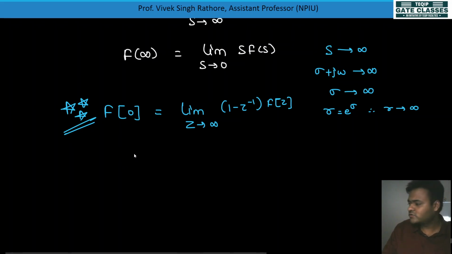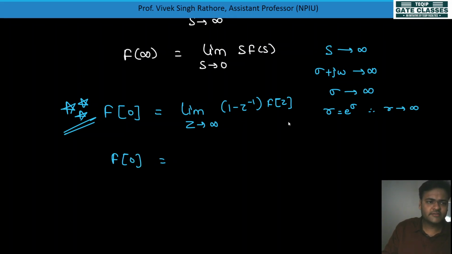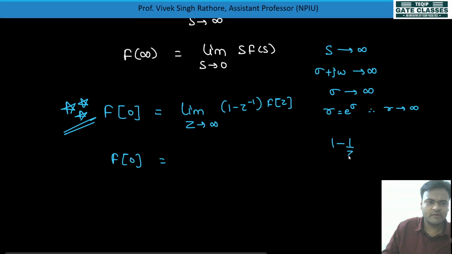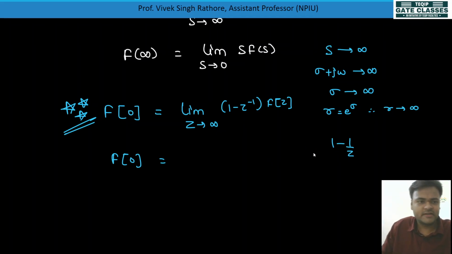It can also be calculated by another expression. 1 minus z inverse means 1 minus 1 by z. If you keep z infinite, you get 1 minus 0, which is 1 only.